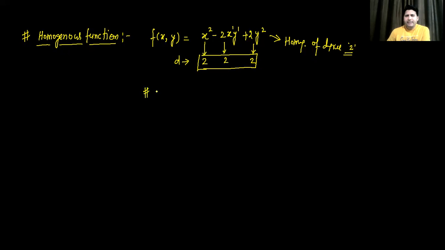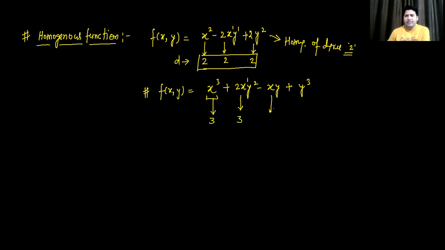Suppose this time the function is f of xy equals x cube plus 2xy square minus xy plus y to the power 3. We need to check whether it is homogeneous or not. The degree of the first term is 3. The second is x power 1, y square, so 2 plus 1, that is 3.